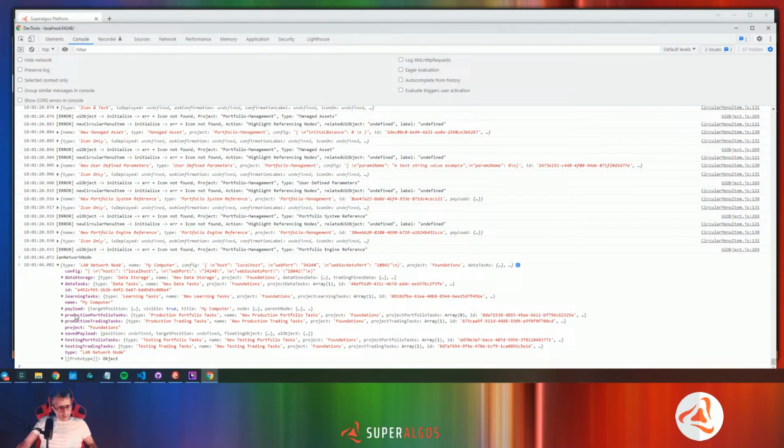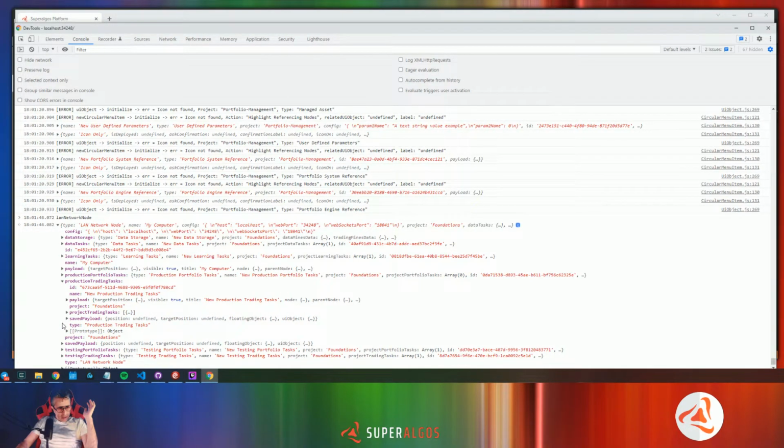Production portfolio tasks, production trading tasks, testing portfolio tasks, testing trading tasks. But we are supposed to be installing this, so why is it already there?